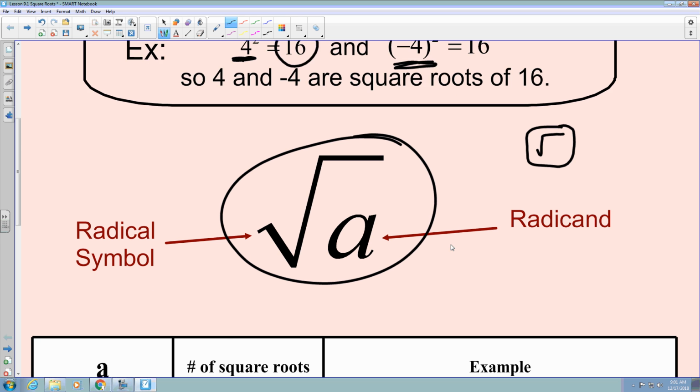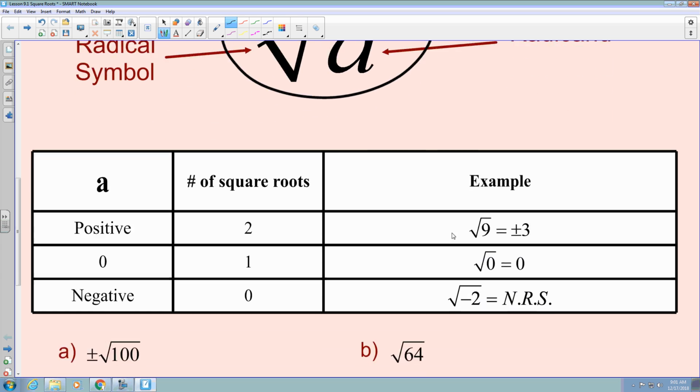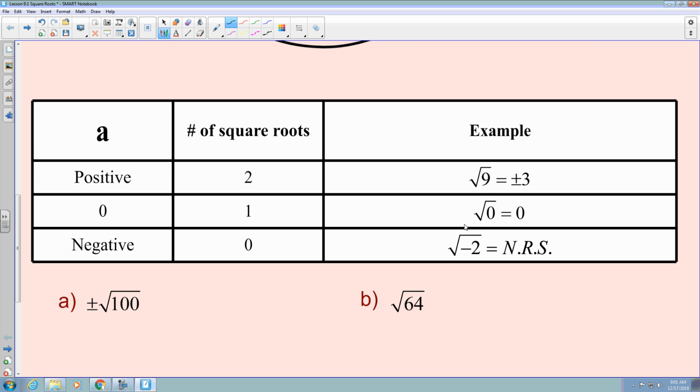But one of the things that we have to keep in mind is there are instances where if we have a positive value, so for example here we have 9, 9 could be the result of both positive and negative 3, which we have here.